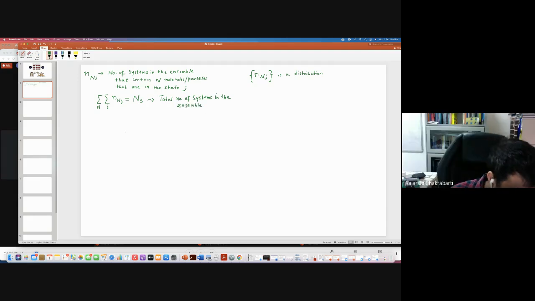Now we have another constraint. What is that constraint? Again, if I take a sum over N and j of n_{N,j} times E_{N,j}, what will be the answer? E total. Yes, this will be the total energy of the ensemble.